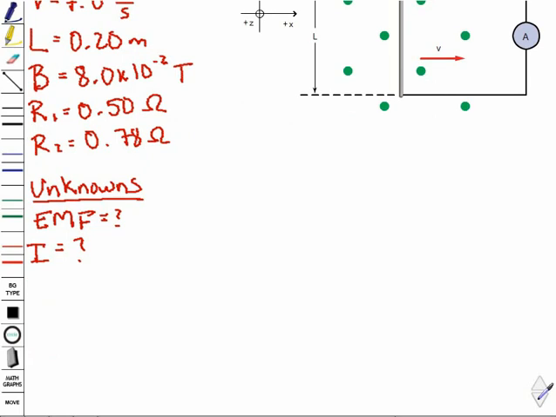Now, in order to solve for our induced EMF, we are going to be using the equation that EMF is equal to the magnetic field strength times the length of the wire times the velocity of the wire. This is what we're solving for, and we have known values for each of our variables on the right.